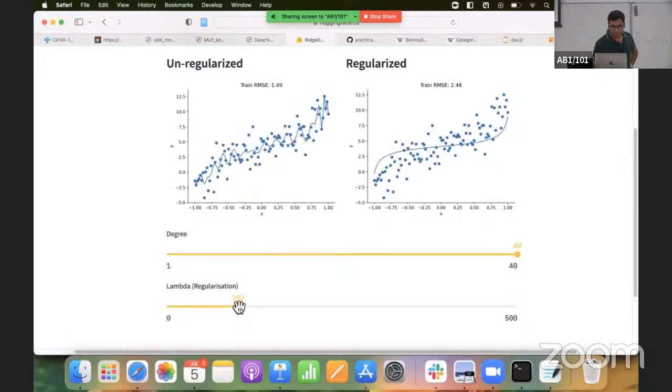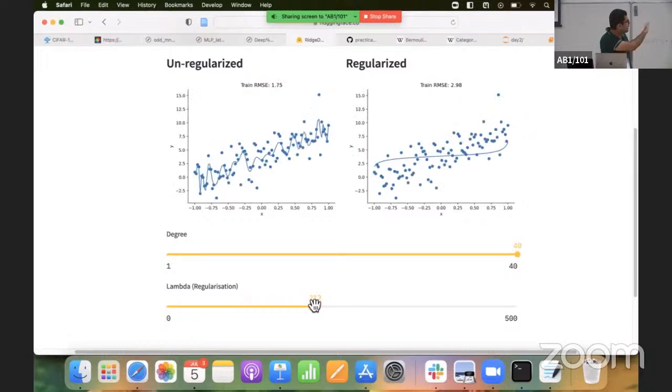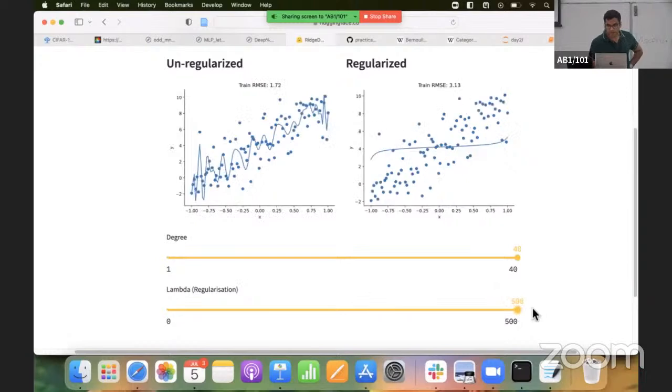As we increase the regularization, the lambda, this is the lambda coefficient, the left hand side is remaining unchanged. So now the right hand side plot is just a straight line, right? Because we've removed all complexity from the model, you have made all the thetas really small. Individual theta is really small, right?